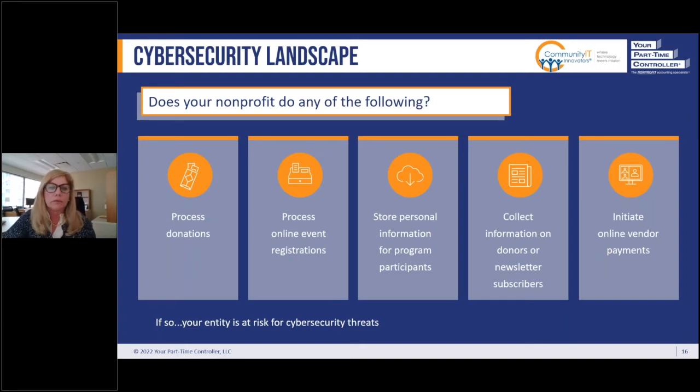So you may need to do more research about other states as well. So what can you do? Using encryption and a secure website is definitely going to help protect information during these online types of financial transactions.